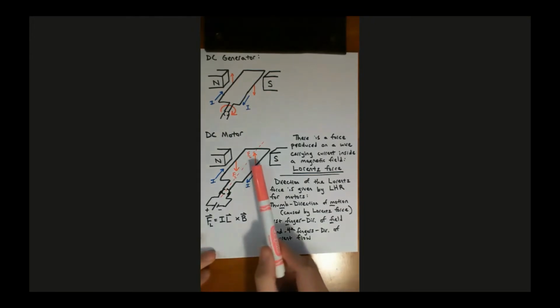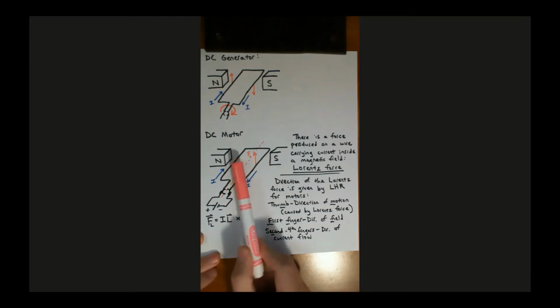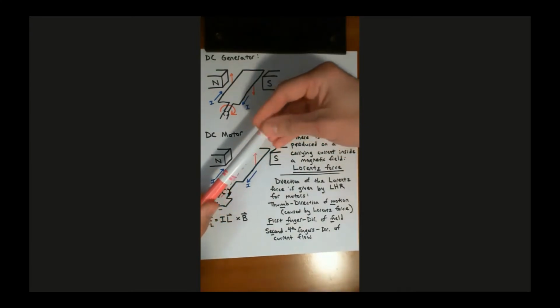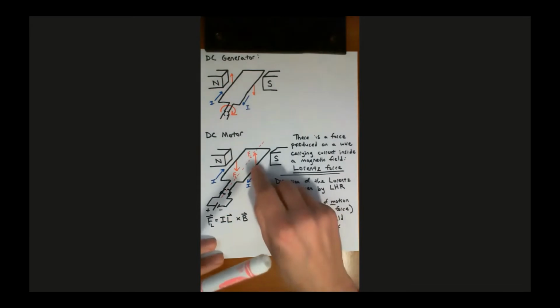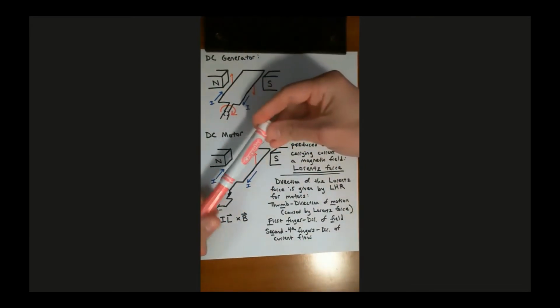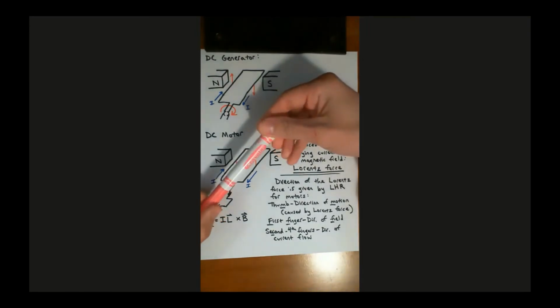So I have a force over here that's acting upwards on this wire, and a force over here that's pushing downwards on this wire. And I have an axis of rotation like this, so this thing is free to move in either direction. And if I have a force over here and a force over here, they both cause a torque. Remember, a torque is force times distance, and they both cause a torque in the counterclockwise direction.